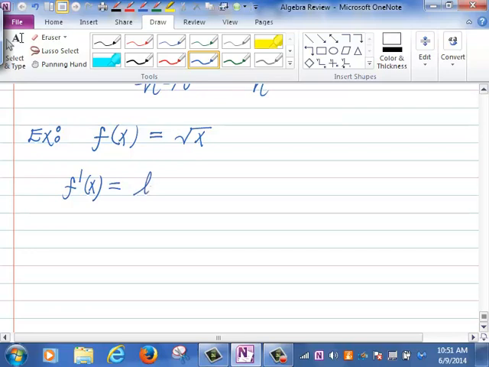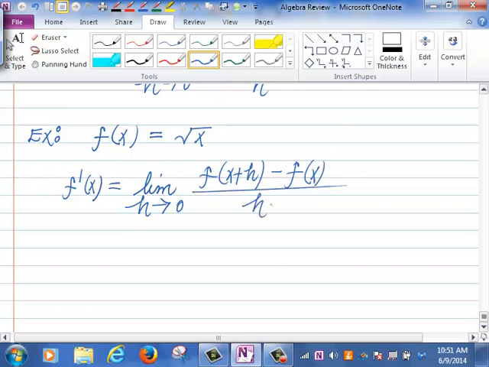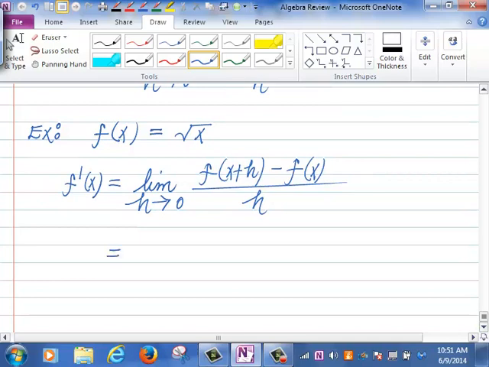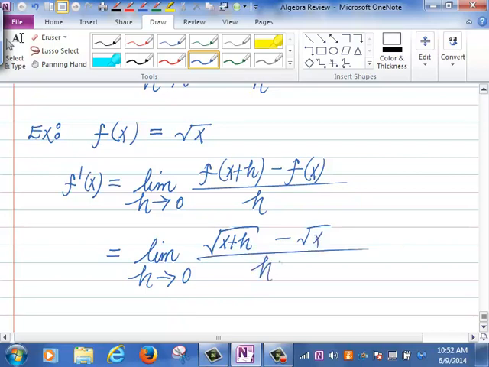F prime of x is the limit as h goes to 0 of f of x plus h minus f of x divided by h. And so this is equal to the limit as h goes to 0. What is f of x plus h? It will be root of x plus h minus root of x divided by h. Are we okay with that?